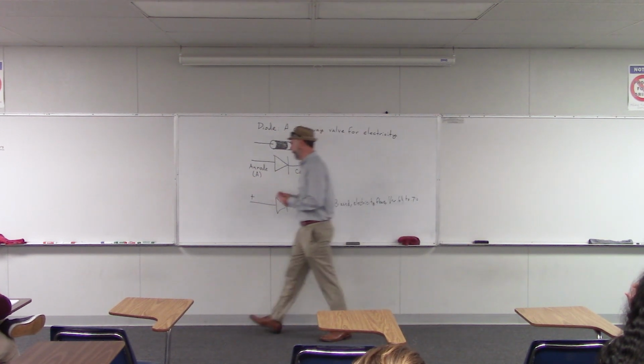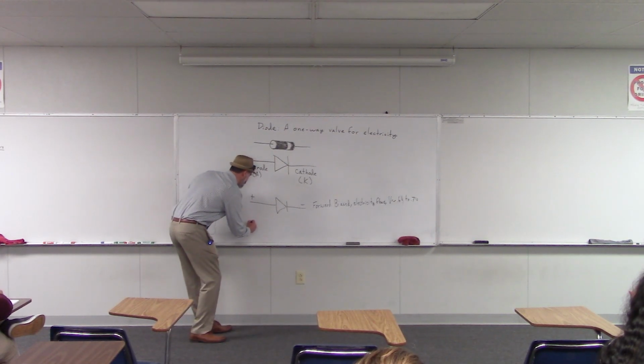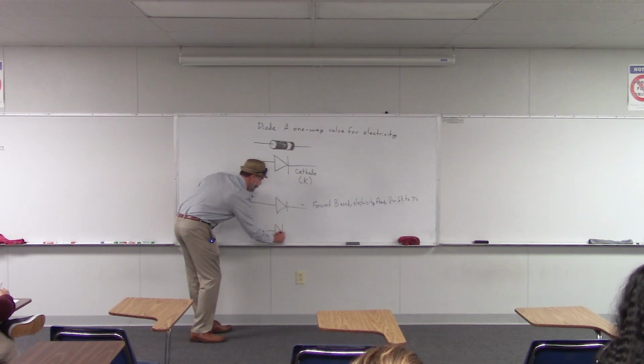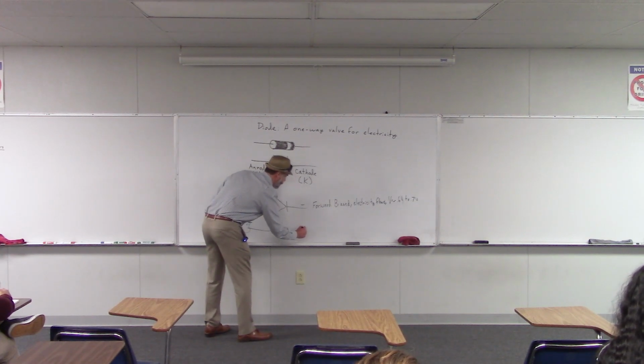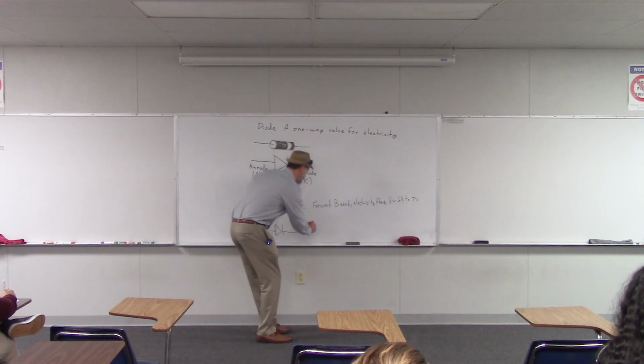Now, if you have the opposite voltage on a diode, so you've got a negative voltage on the anode and a positive voltage on the cathode, then we say that the diode is reverse biased.